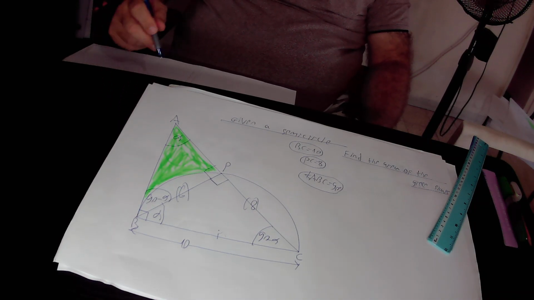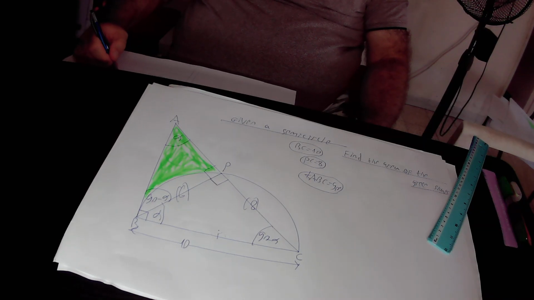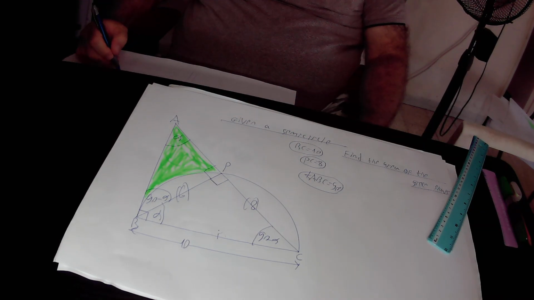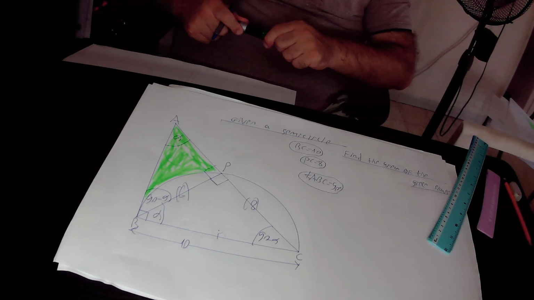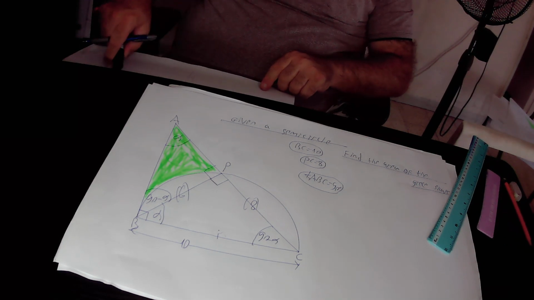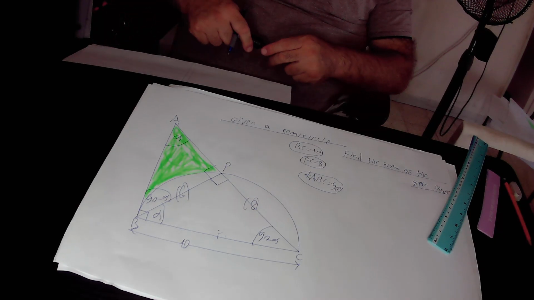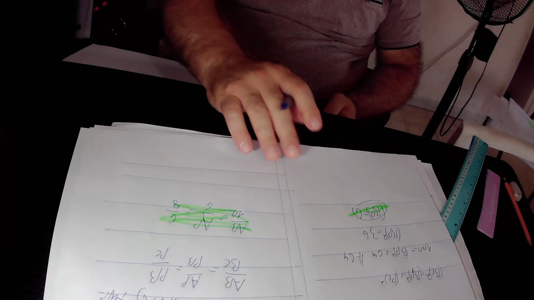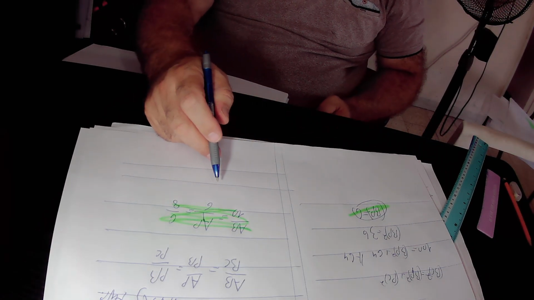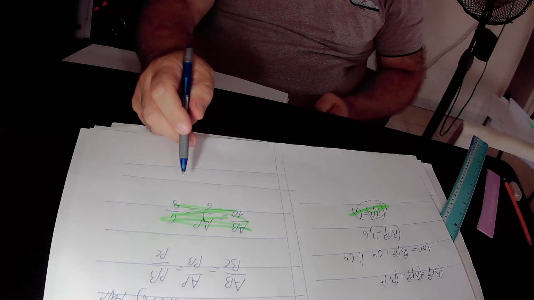And it is equal to PB, which is 6, over PC. PC is 8. So in total, we have found out that AB over 10 equals AP over 6 equals 6/8.